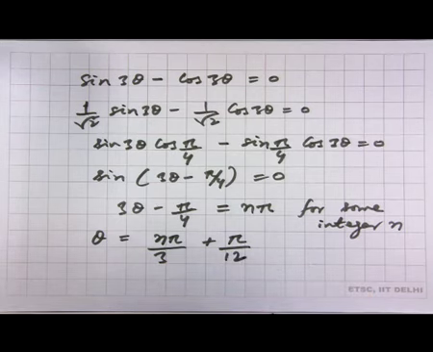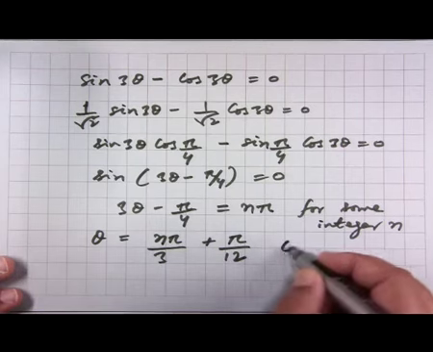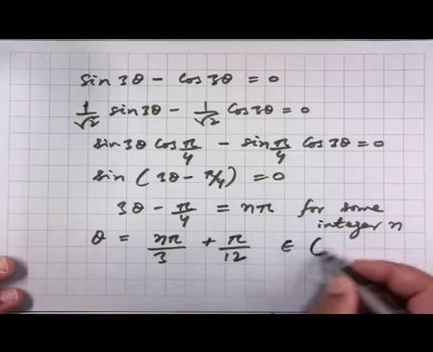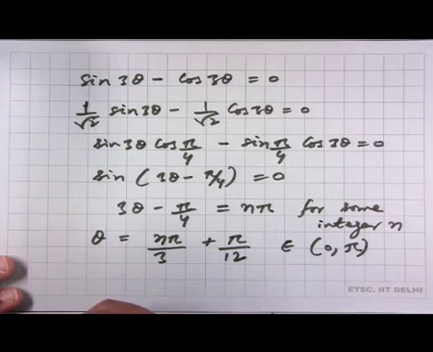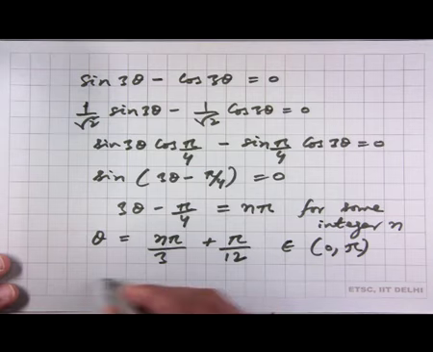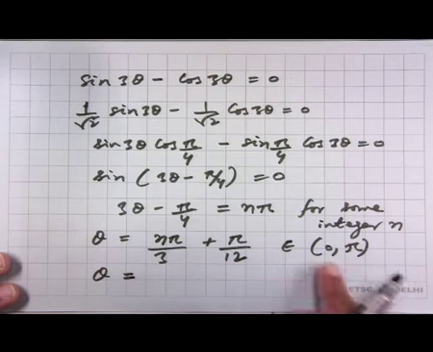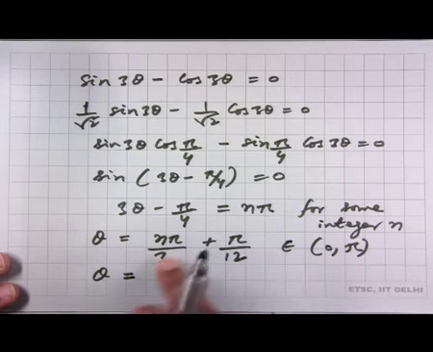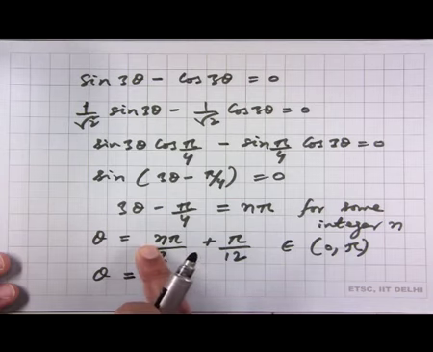But remember that it was mentioned that theta has to belong to the open interval 0 to pi, and therefore, since theta has to belong to 0 to pi, we can only choose n to be 0, 1 and 2.